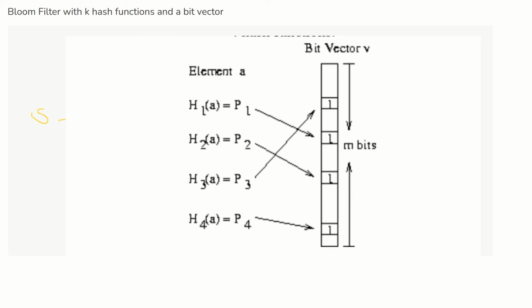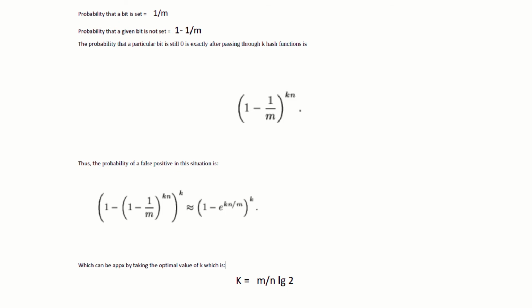Now let's see how it is calculated. The probability that a bit is set is 1 over m, and the probability that a given bit is not set, or is 0, is 1 minus 1 over m. The probability that a particular bit is still 0 after passing through k hash functions for a set of n elements is 1 minus 1 over m, to the power kn.